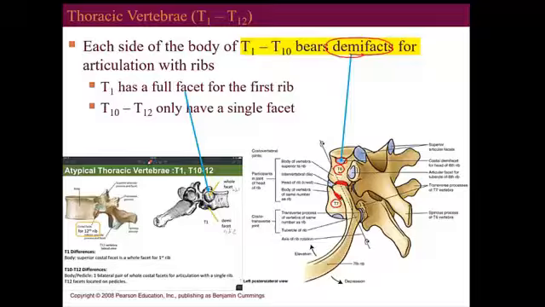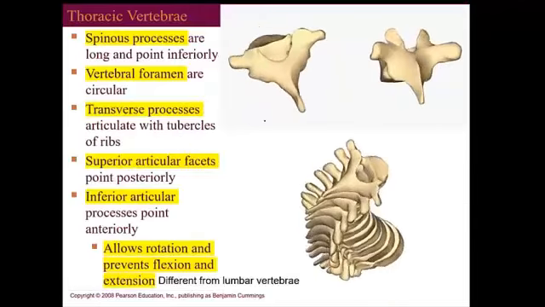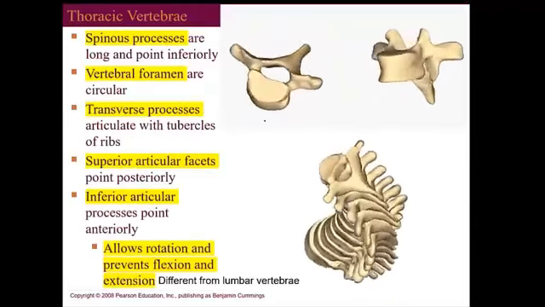So that's the reason why they term it demifacets. Now, T1 has a full facet for the rib, and T10 to T12 only have a single facet. All right, so this now gives you a picture of your thoracic vertebrae.